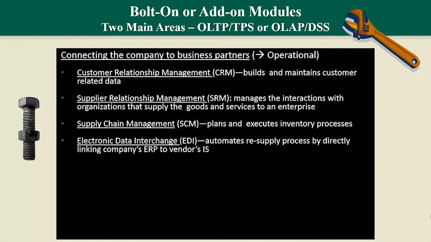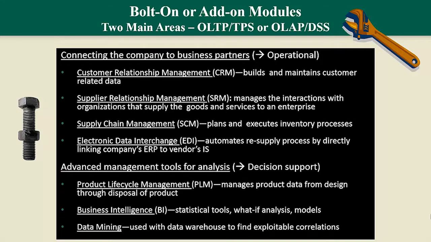This manages the interactions of the organization with various suppliers and vendors. Supply Chain Management, SCM, plans and executes inventory processes. And EDI, Electronic Data Interchange, and this automates our resupplying process, connecting us directly to our vendors and often eliminating any kind of manual processing or human intervention in the resupply process.